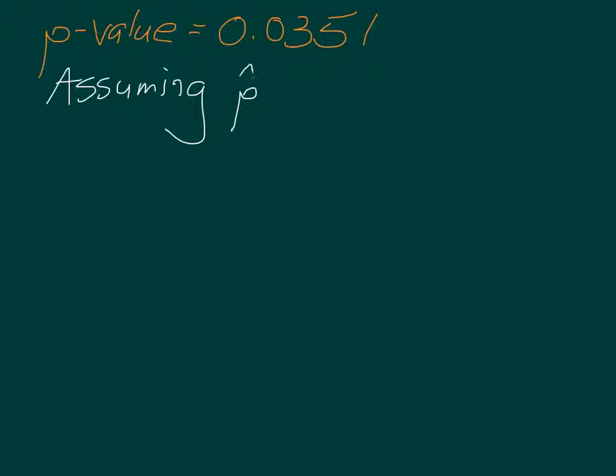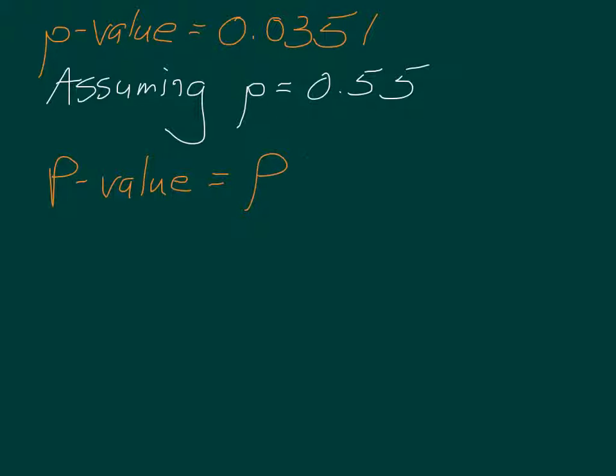So assuming the true proportion of consumers that recognize the brand is 55%, right? This p-value is equal to the probability of getting a sample proportion of 0.64 or greater out of a sample of 100 people.